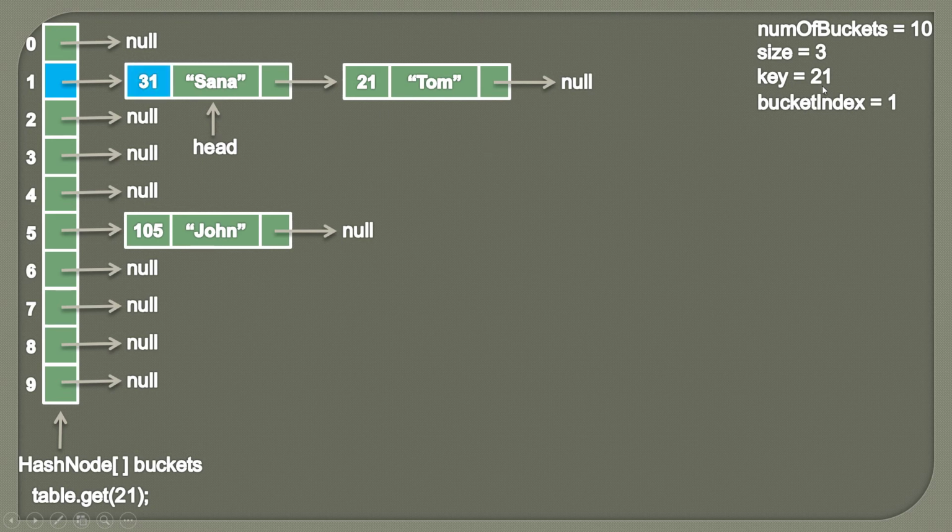They are not equal. It means for this node the key is not present, but there are other nodes in this chain. So we simply traverse head to its next node via this reference. Head comes to this position, and now we again do head.key. We compare 21 with our key, and we see that we have found our key. So we simply return the value as Tom.